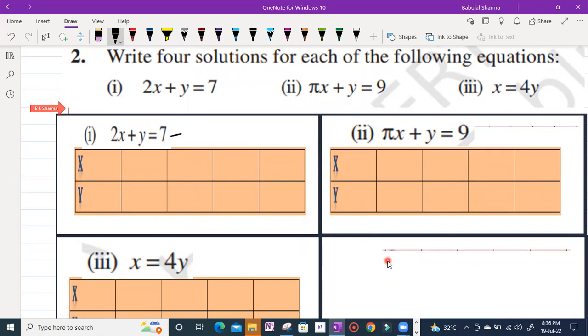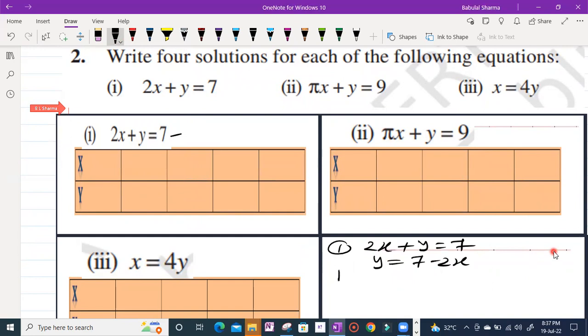That is 2x plus y is equal to 7. We can write y is equal to 7 minus 2x. इसको कहते हैं writing y in term of x. Y in term of x का मीनिंग ये हुआ कि y को लेफ्ट हैंड साइड में रखेंगे और सारे टर्म्स को राइट हैंड साइड पे हम लिख देंगे.